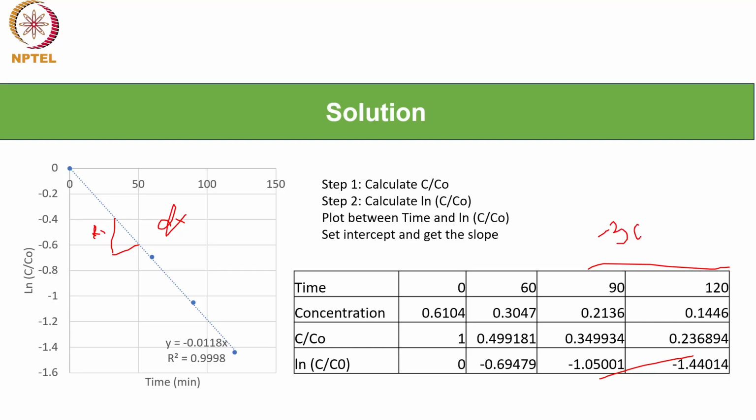The difference in ln values is minus 1.05001 plus 1.44014, so it's going to be 0.39013.